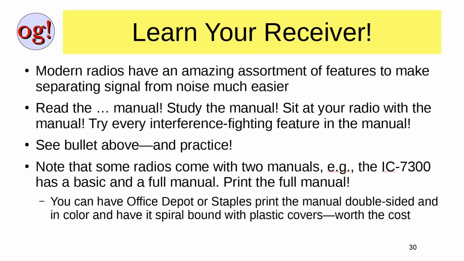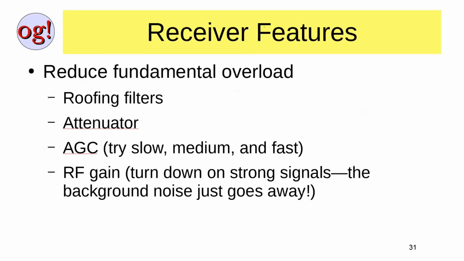Print the manual double-sided and in color, and then have it spiral bound with plastic covers to protect the papers from getting torn off. It is worth the cost to have that full manual and then sit down with your radio and go through that silly thing page by page and learn the features of your radio that will help you to reduce interference.